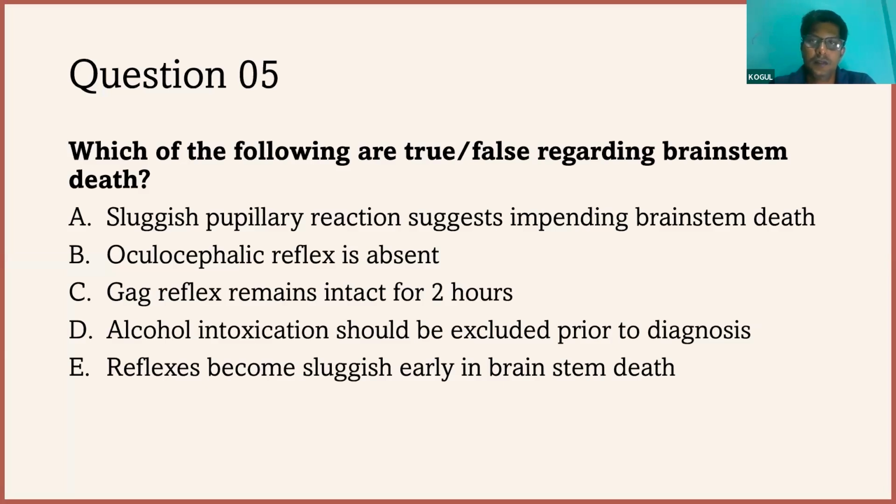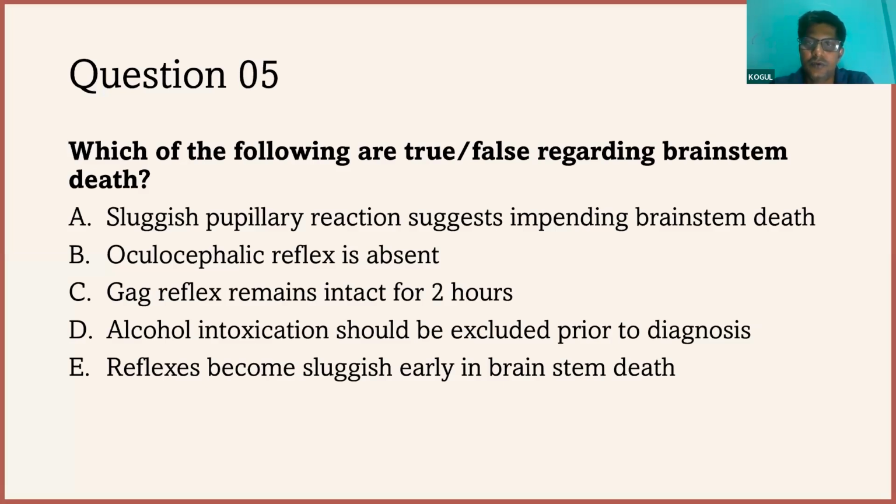So there are some reflexes: the corneal reflex, pupillary reflex, gag reflex, and the motor function reflex, and the caloric test reflex, and also we are doing oxygen and carbon dioxide testing. We have to increase the CO2 level, and we have to confirm whether the patient is responding or not.